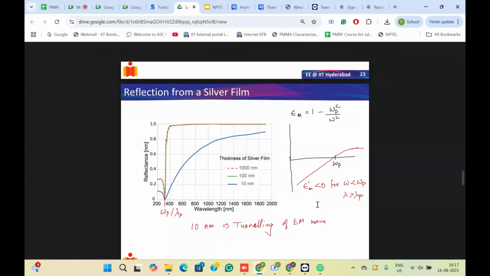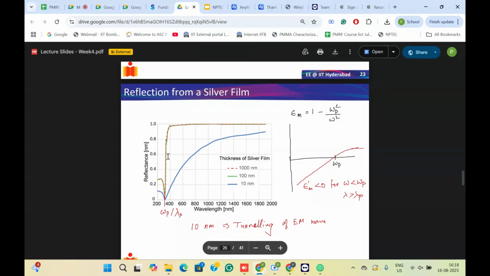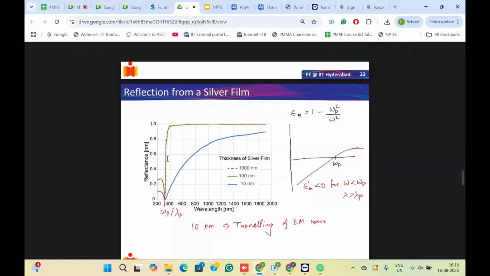For the thinner film, the reflectance is increasing with wavelength, but not going to 1. But as the thickness increases, there is a sharp change at the plasmon frequency, omega p or lambda p, and the reflection goes to 1. Means the light is transmitting.